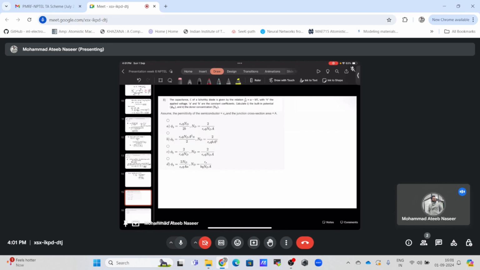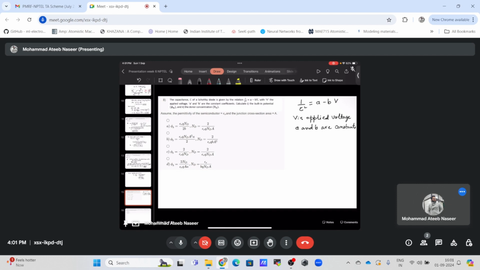So let's see how we will solve this problem, which says that the Schottky diode capacitance is given by the relation 1 by C square is A minus B times V, where V is the applied voltage and A and B are constants.